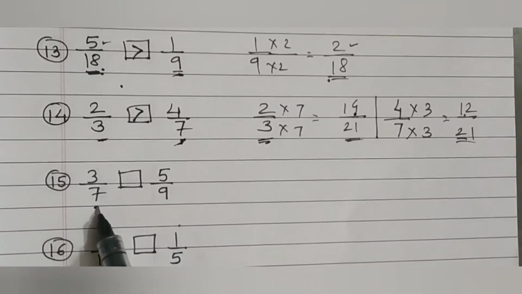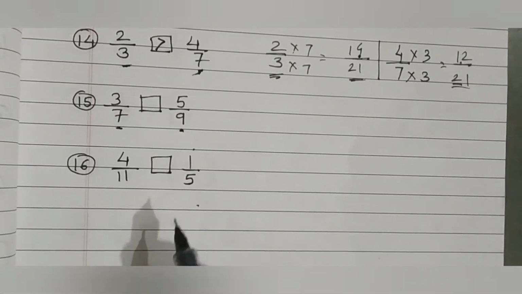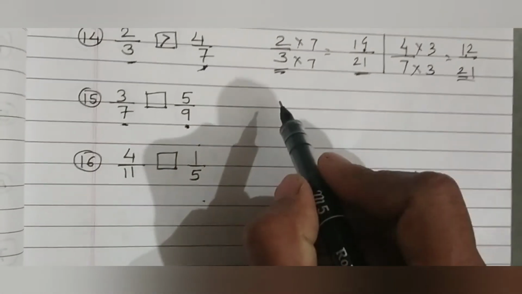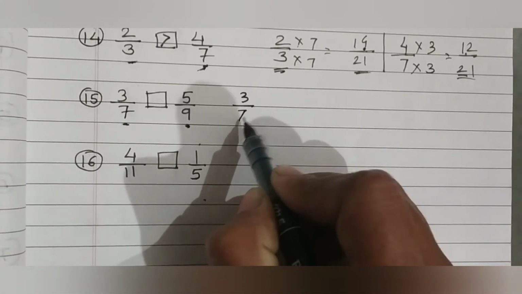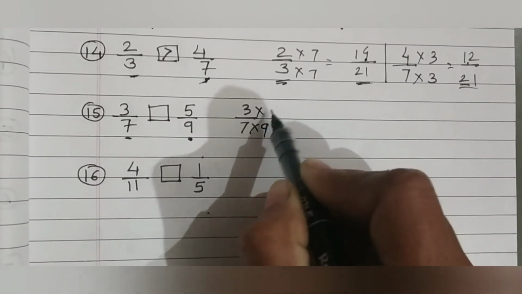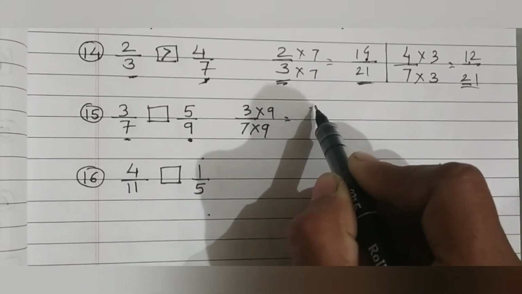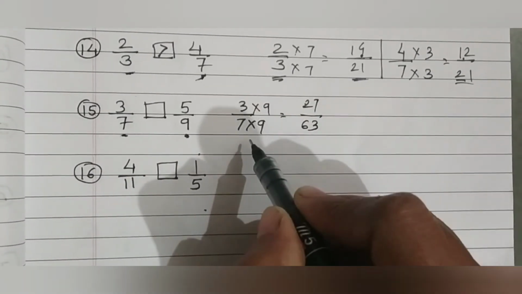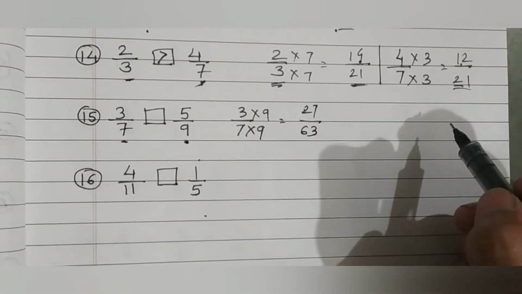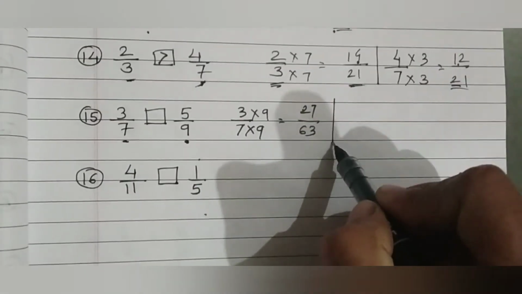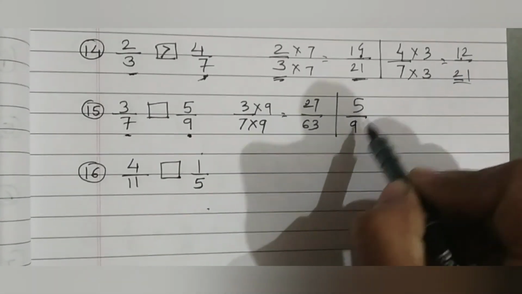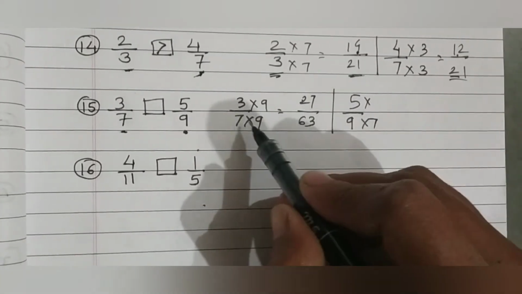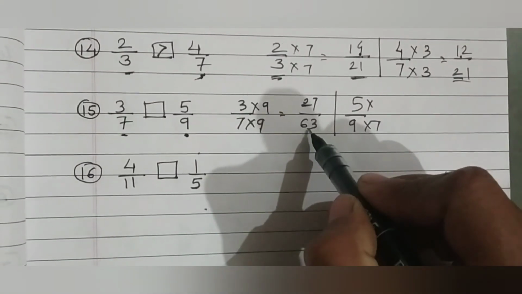Then next number 3 by 7 and 5 by 9. Okay, here is 7 and here is 9. So let's make the same denominators. Okay, if you multiply 3 by 7 with 9, you will get here 27 and here 63. 7 9s are 63. Okay, then 5 by 9, you need to multiply this number with 7, because here 7 multiplied by 9 is 63.